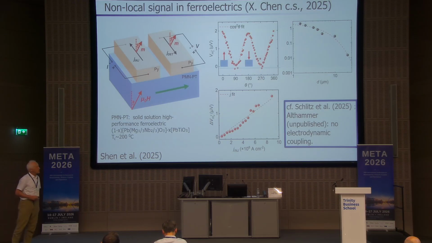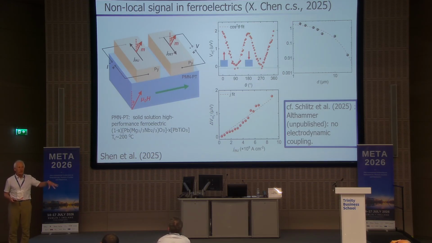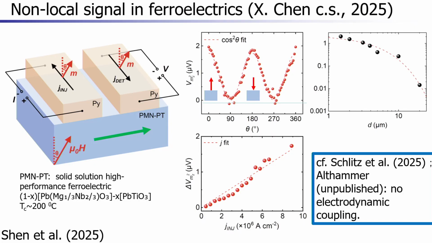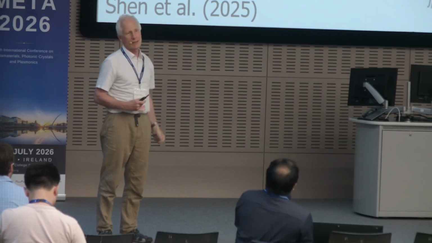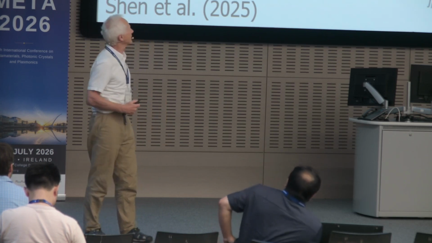Now, driving a current through one of these contacts gives you a voltage on the other contact. This is a non-local result. So you drive on the left side, you see a signal on the other side. So some information is then going through this ferroelectric material and is detected on the other side. Now, this signal is strongest when the magnetization of these magnetic strips is normal to the interface.